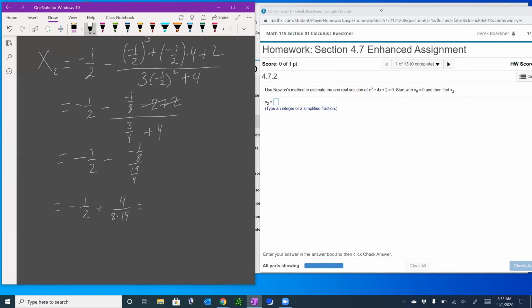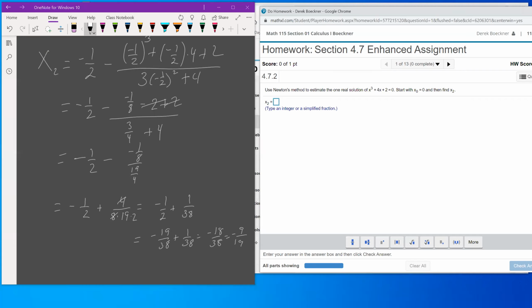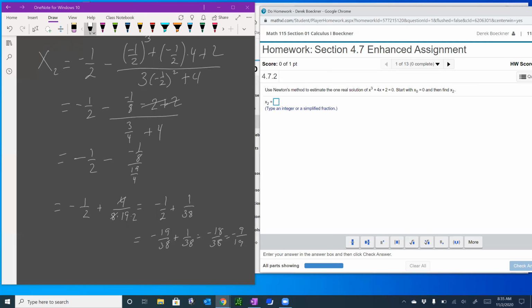So that's minus 1/2 plus 1/38, which is minus 19/38 plus 1/38, which is minus 18 over 38, or minus 9 over 19. We're going to go minus 9 over 19.